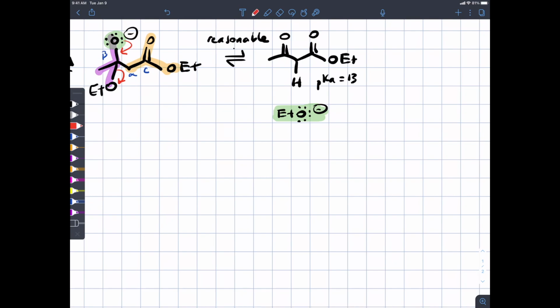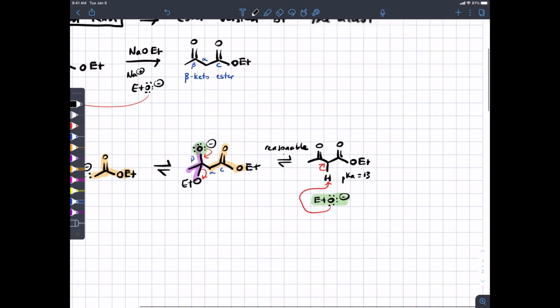So as soon as negatively charged ethoxide leaves, likely the first thing that happens is an extremely downhill, irreversible type step under these conditions where we remove the alpha proton and form the enolate.